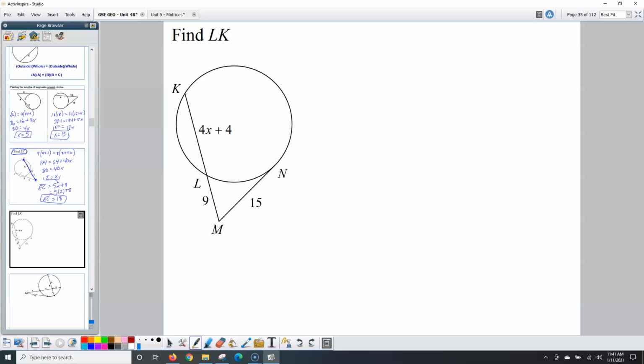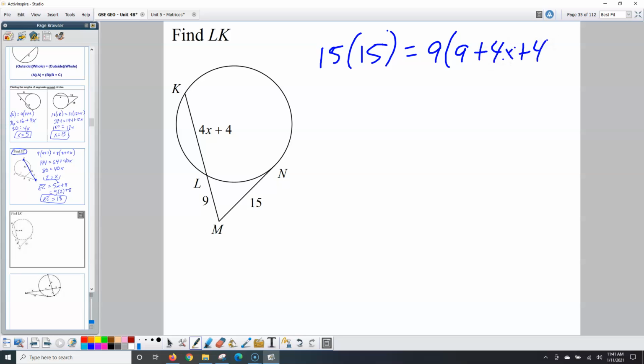I've got outside is 15. The whole thing is 15. Equals the outside is 9 times the whole thing is 9 plus 4x plus 4. All right, this is 225 equals, I'm going to distribute, 81 plus 36x plus 36.